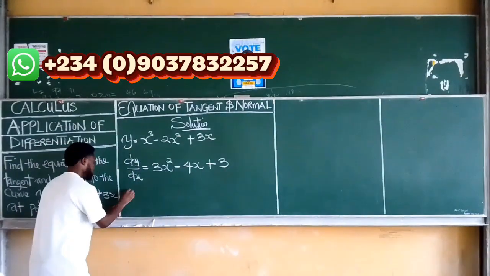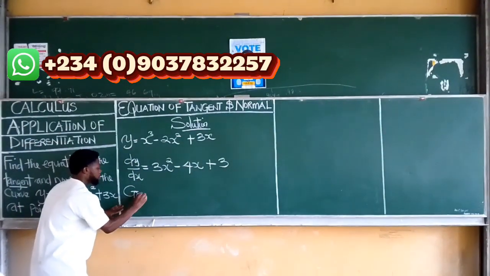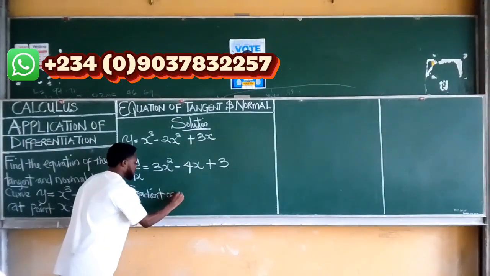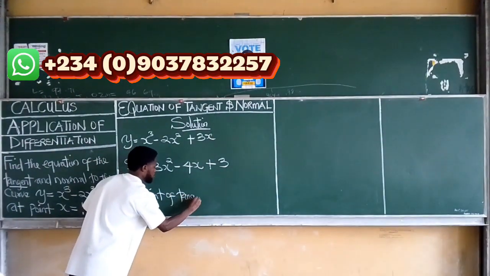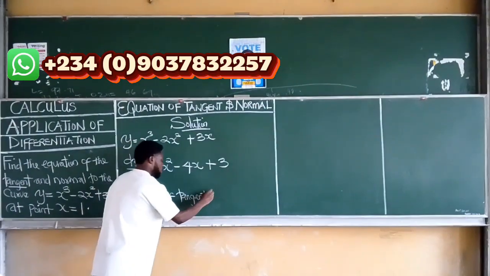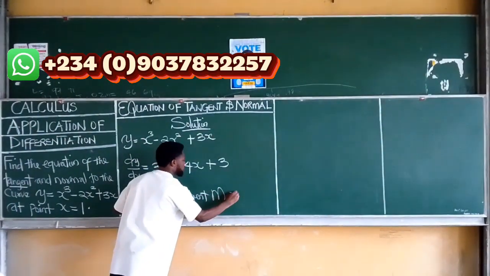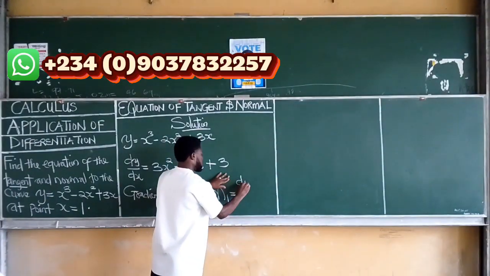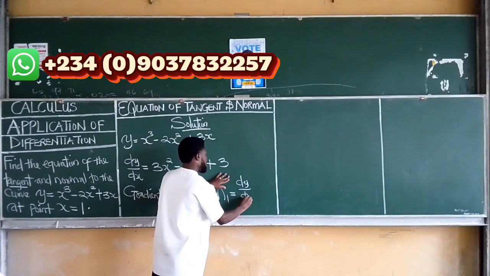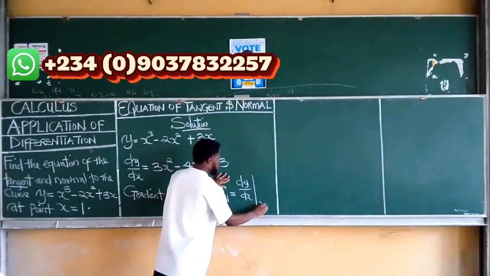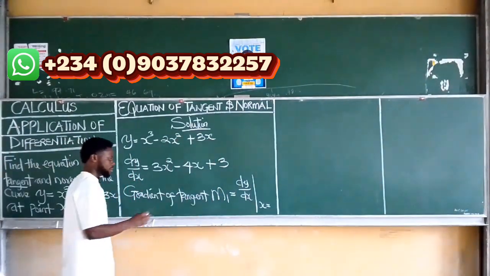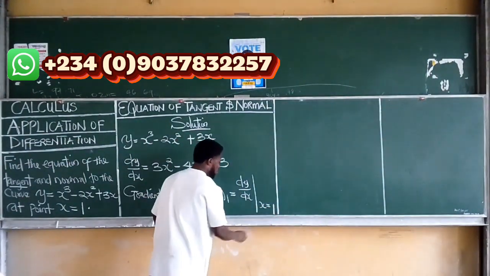So the gradient of the tangent, m1, is equal to dy over dx at a point where x is equal to 1.